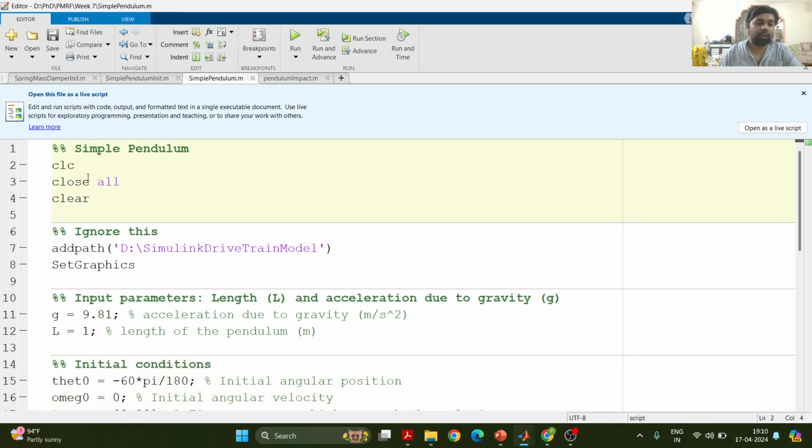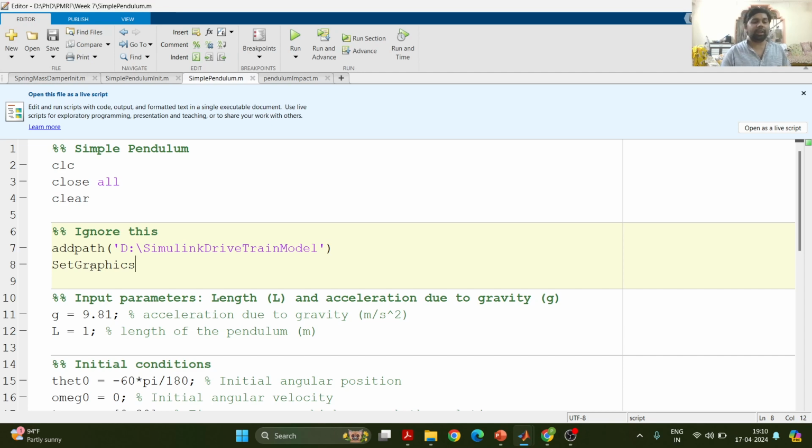In this section we just clear the workspace and close any open figures if there are. This section is just settings for the figures that are generated, like line width, but they are not important.